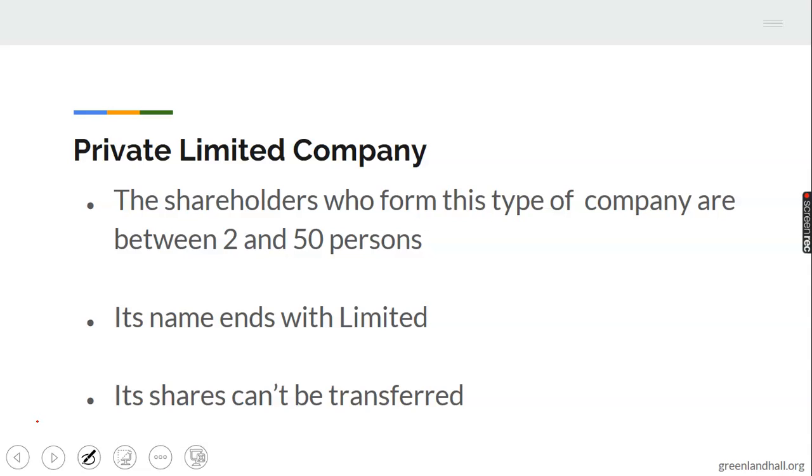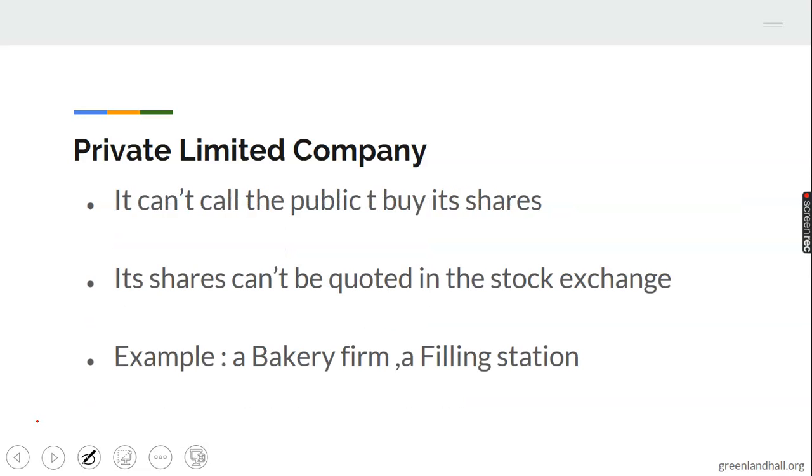Other features of private limited liability companies include: 1, its name ends with Limited. 2, its shares cannot be transferred. So its shares are only limited to the number of people who are its owners. 3, it can't call on the public to buy its shares.